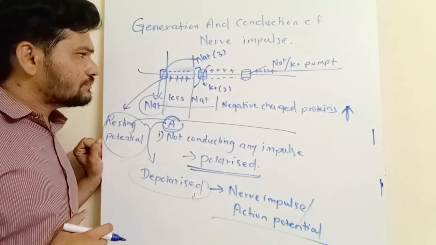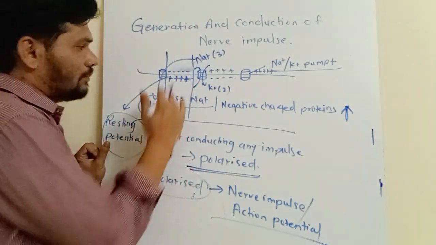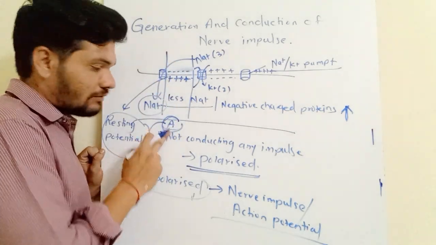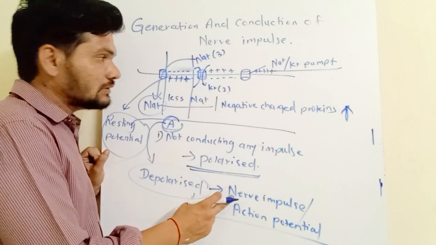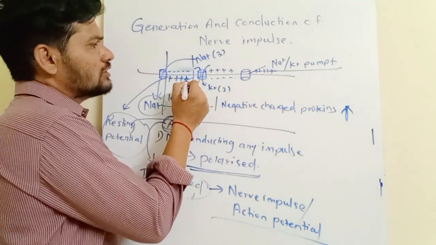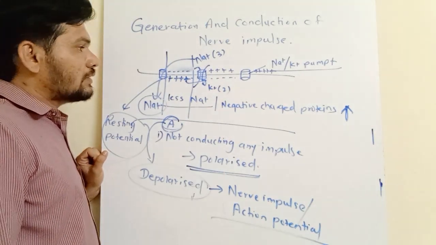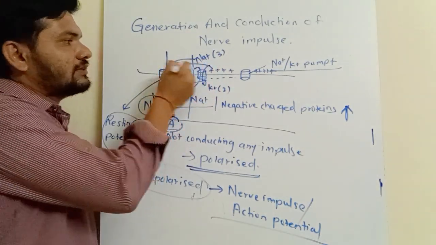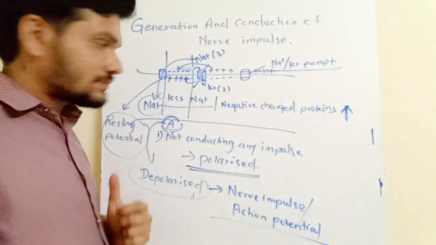And what happens? See, because there is positive charge present on the inner surface at site A, whenever it is conducting the impulse, action potential or nerve impulse, current flows from positive to this side, negative, on the inner surface, and current flows from this side to this side on the outer surface.